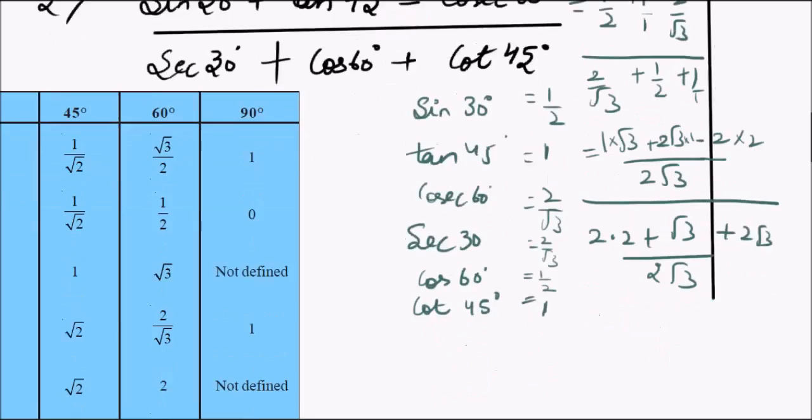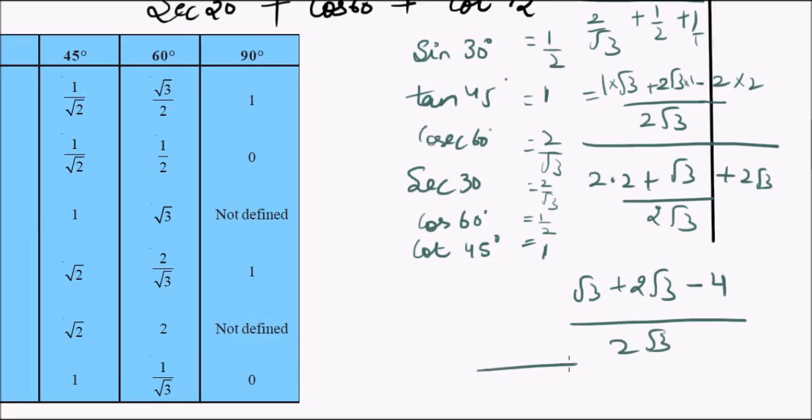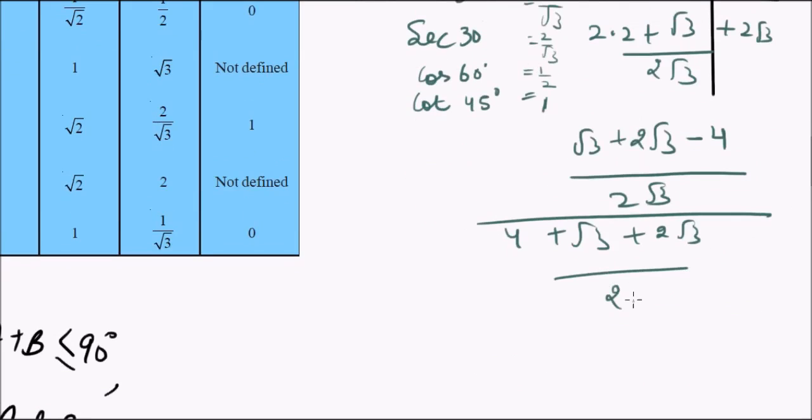So the quotient gets converted to root 3 plus 2 root 3 minus 4 over 2 by root 3, over 4 plus root 3 plus 2 root 3 over 2 root 3.